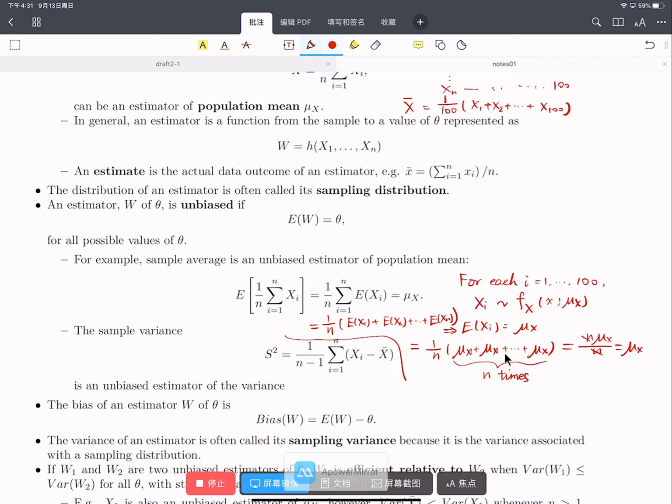So the sample mean here is an unbiased estimator of the population mean.